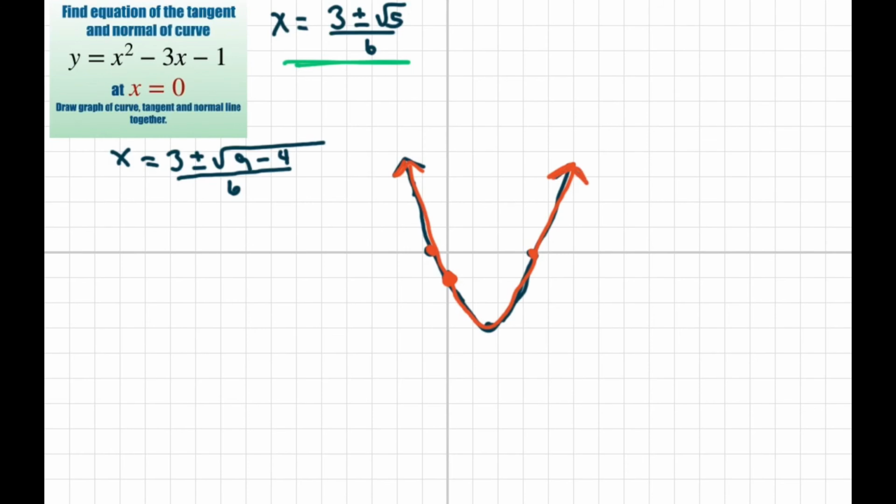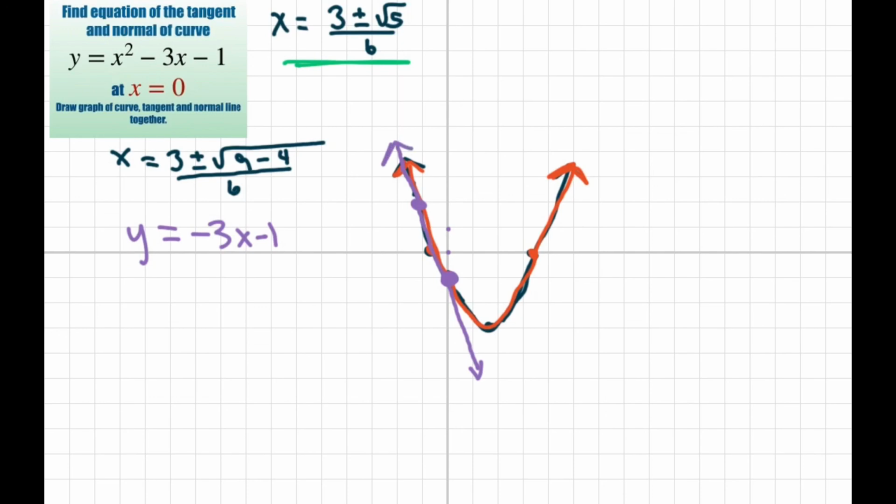Now, our tangent line was y equals negative 3x minus 1. So it goes through negative 1. Then I'm going to go up 3, 1, 2, 3 over 1. So it kind of goes through this point here. It touches like that. That's your tangent.